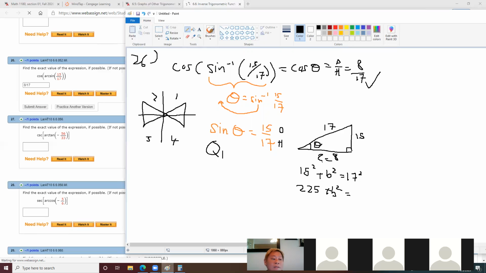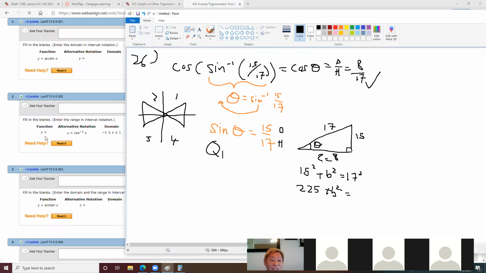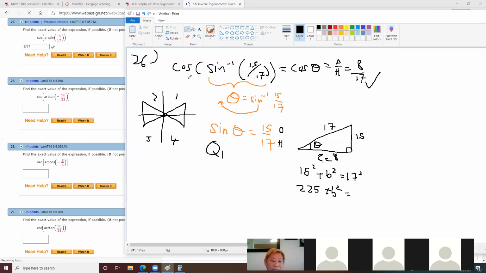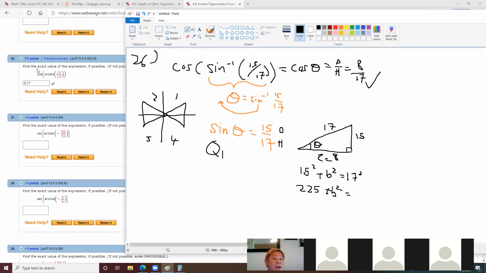This is what happens if you have a cosine and an arc sine that are different: you have to draw a right triangle and do that. You guys all right here? Tough? A little bit.